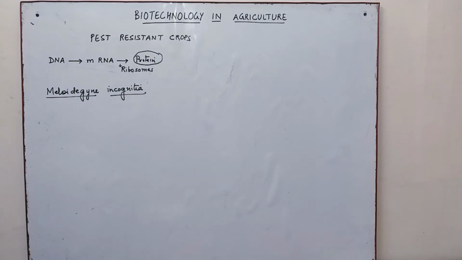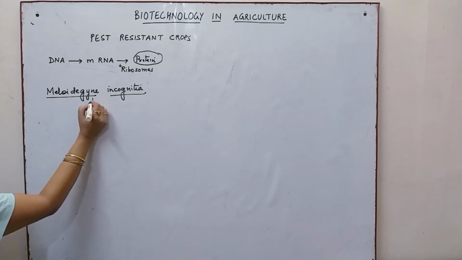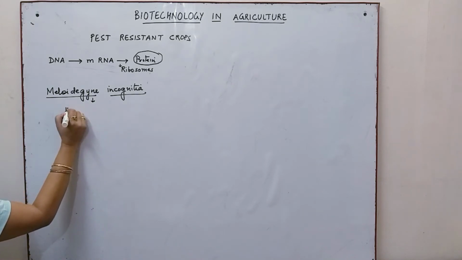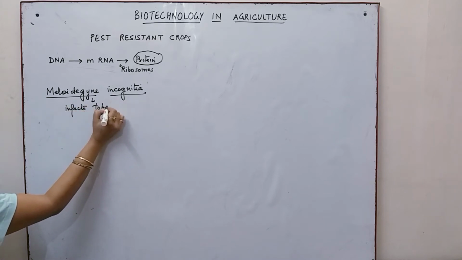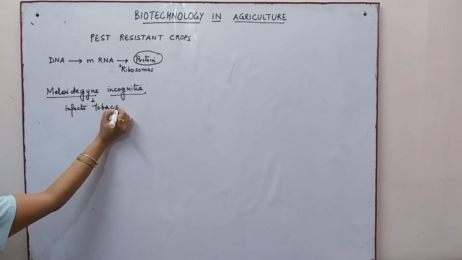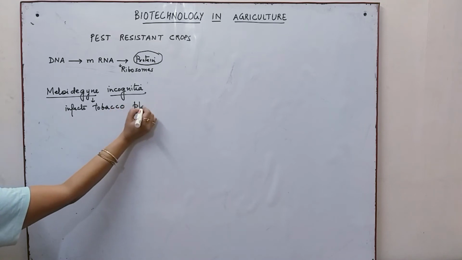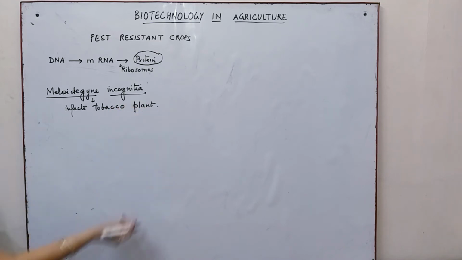It is found in the roots of tobacco plants. So it infects tobacco plants, and as a result it causes a lot of damage. That means the yield is highly affected.